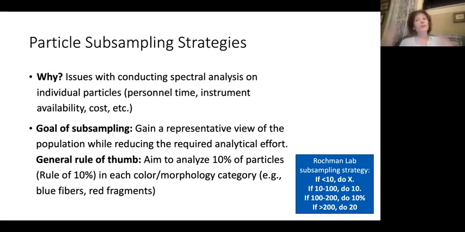If you can do 25%, that's great. If you can only do 8%, you can probably argue that you've done analytical ID on some of your samples, and it really depends again on sometimes the size of your grant, the availability of the instrument, and how much it costs to provide supplies and to cover personnel time. And this is the Rockman Labs subsampling strategy, which I like.